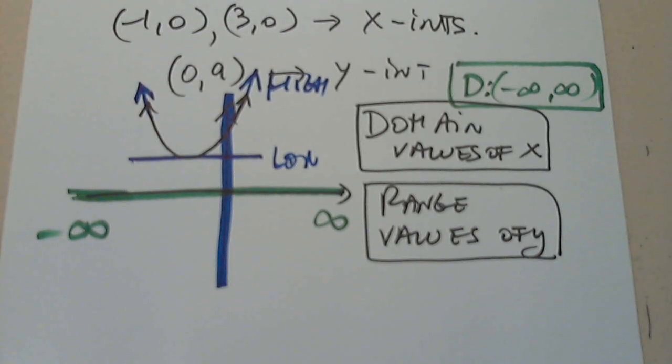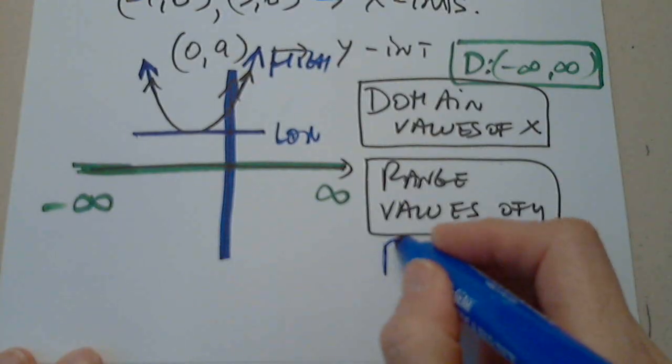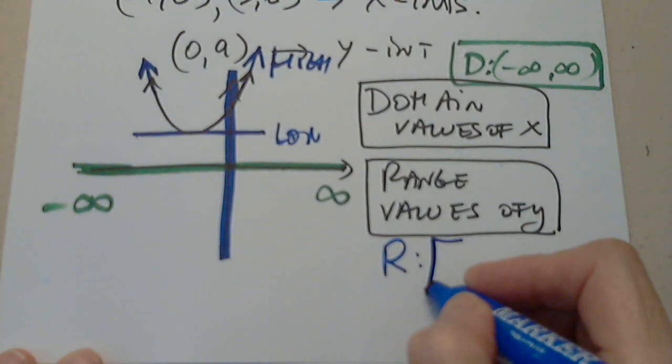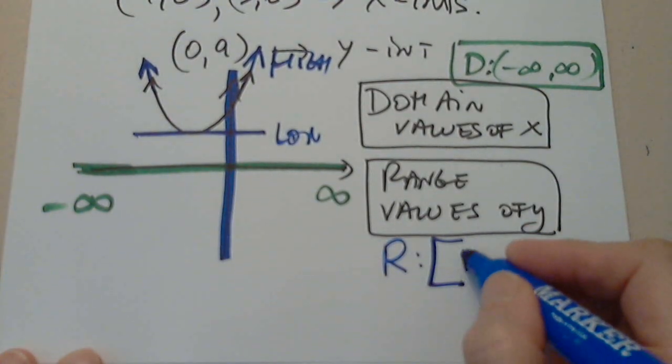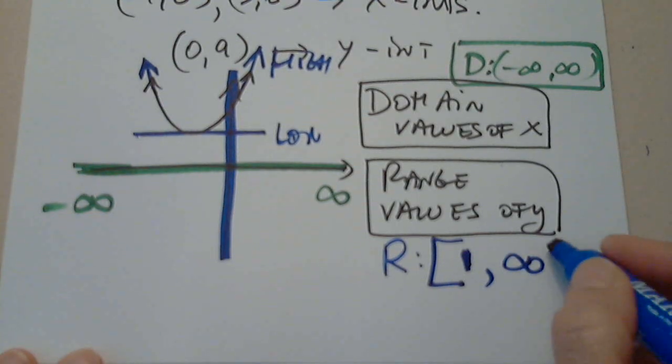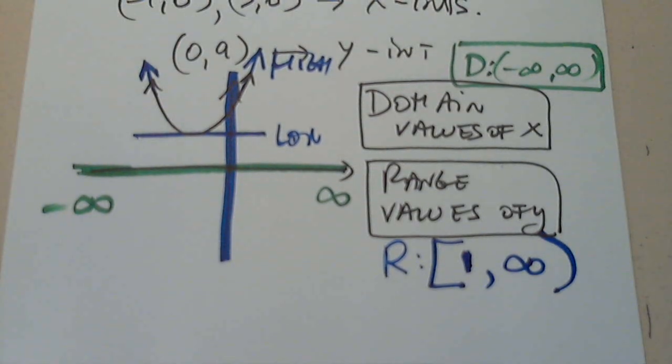What is the lowest possible y value that the function extends over? From 1 to infinity. Yes. So we will write R, standing for range, from 1 with a bracket, because the point exists, comma infinity, of course, with a parenthesis, because infinity is a symbol, not a number.